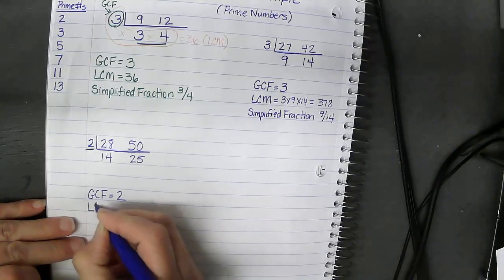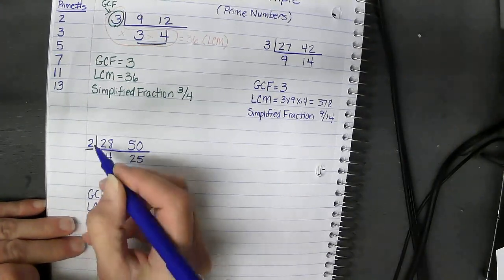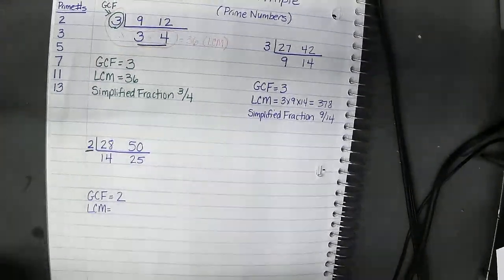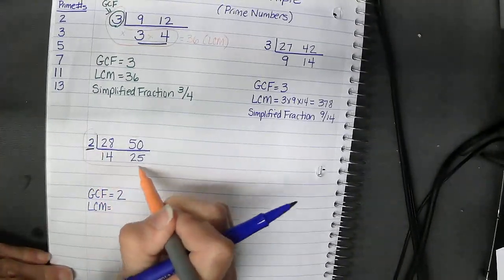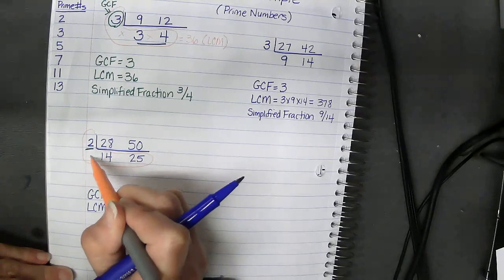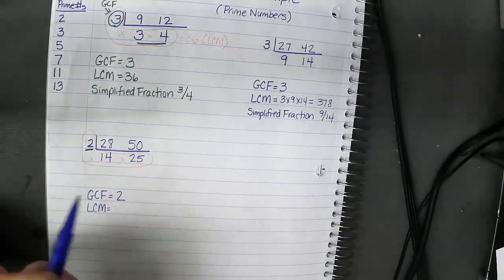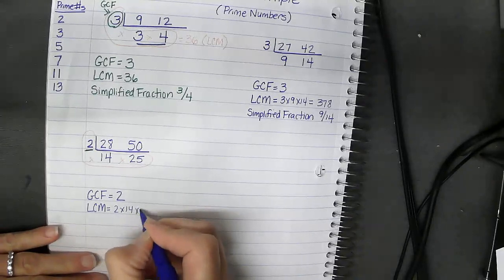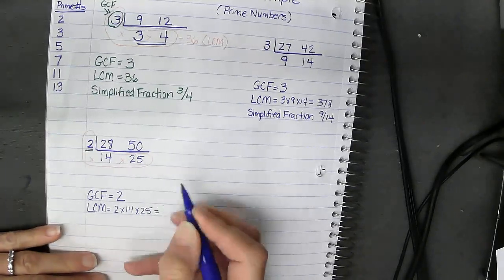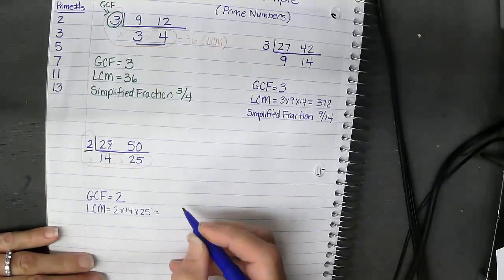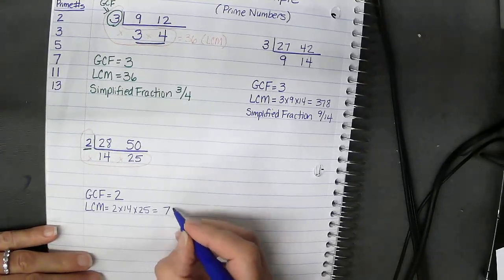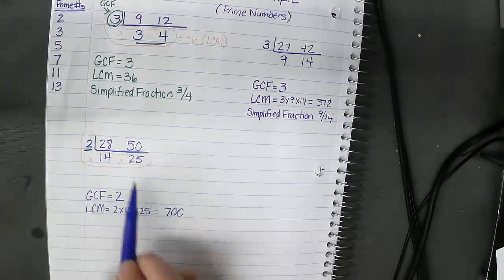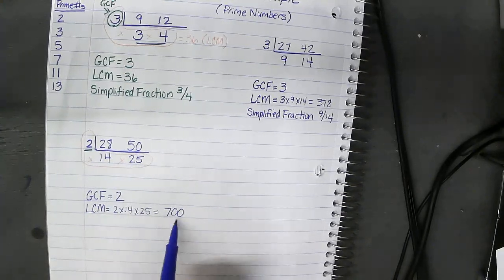Our LCM is, let me use the orange, this L multiplied together. So that means 2 times 14 times 25, and that equals 700. So our least common multiple, the smallest number that 28 and 50 both go into, is 700.